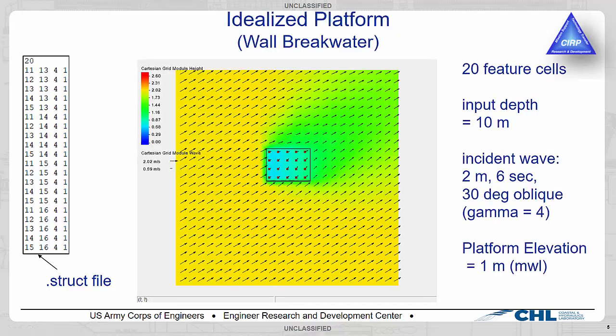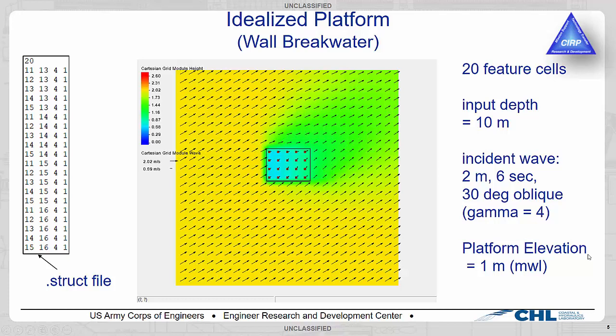For the next option, we are doing an idealized platform, and the option best suited for this in the list is wall breakwater. It's not the best terminology, however, it does what we want. So I select wall breakwater for these cells, and then I'm giving an option to change the modification value, and it shows an elevation.